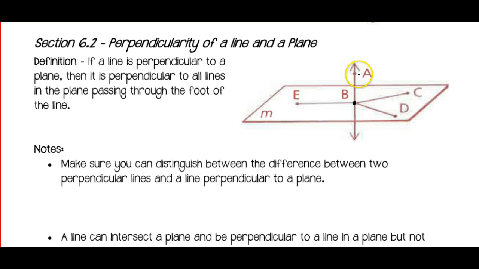And we can see if this line that's going through the plane is perpendicular to the plane, it's going to be perpendicular over here, and it's going to be perpendicular over here, and over here. So any line that would pass through B would be perpendicular to the line passing through the plane.